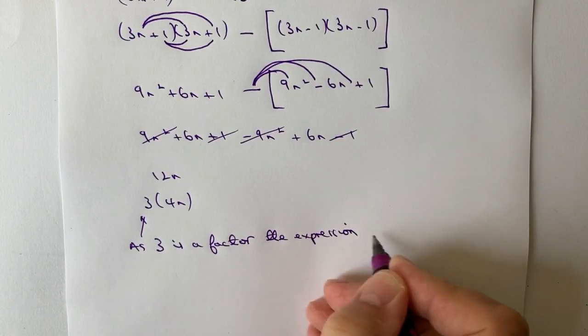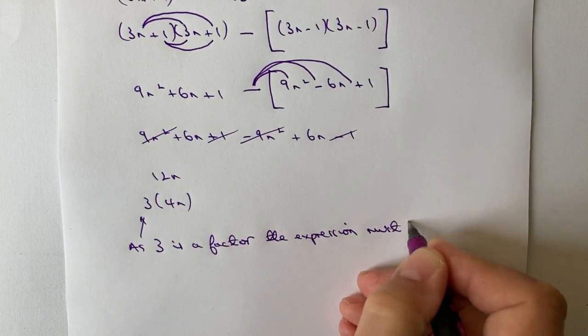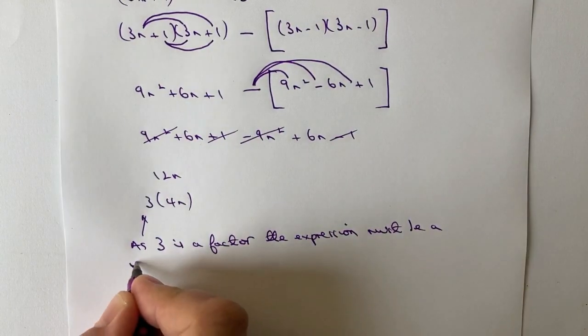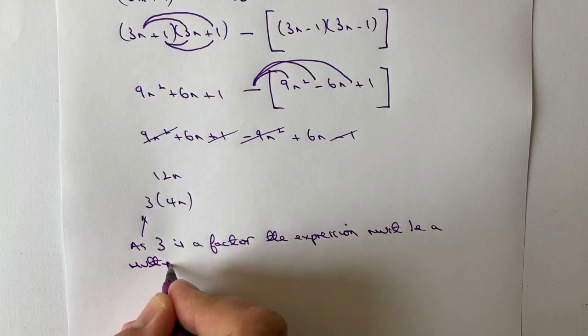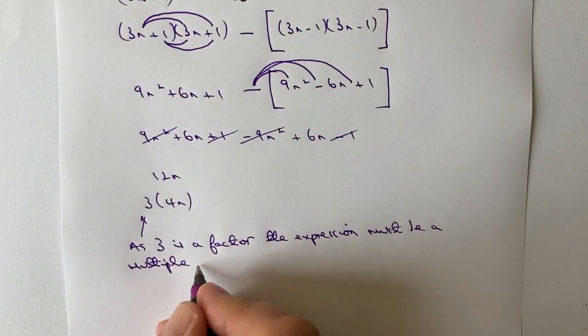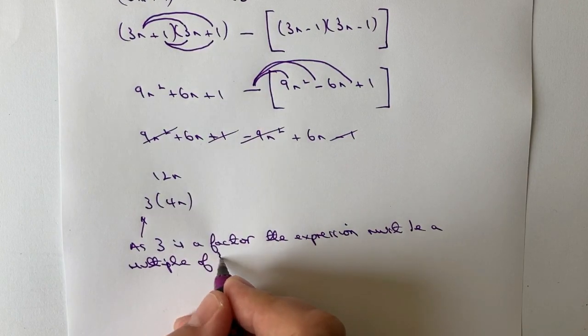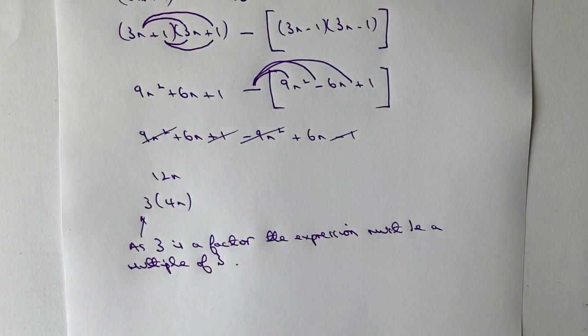Okay, sorry about my writing. But hopefully you get the idea that because 3 is a factor, the expression must be a multiple of 3.